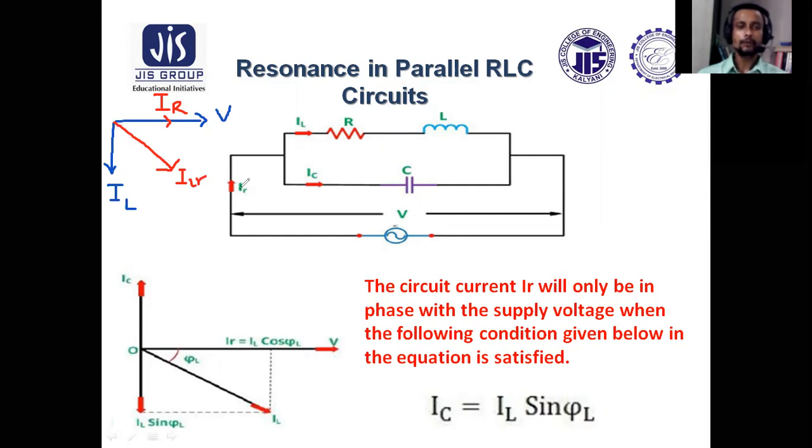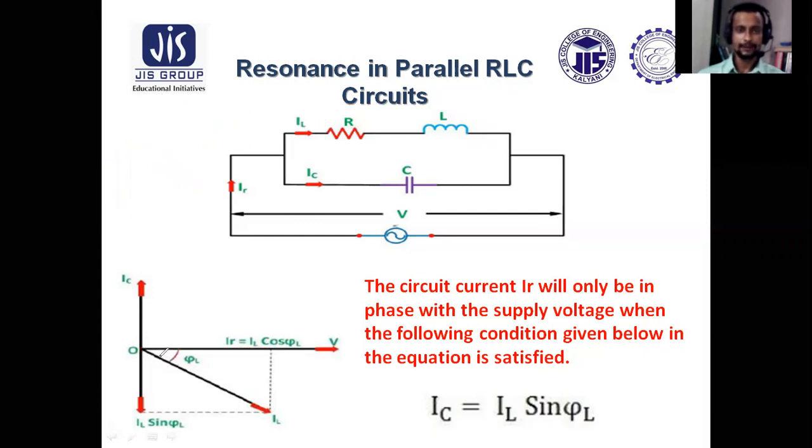Okay. Now here through this RL combination, IL current is going. So if there is RL combination, the current should be in this direction through the combination. So this implies, see here, if this is voltage axis, the resultant current through the coil, which is combination of R and L, will be through this.